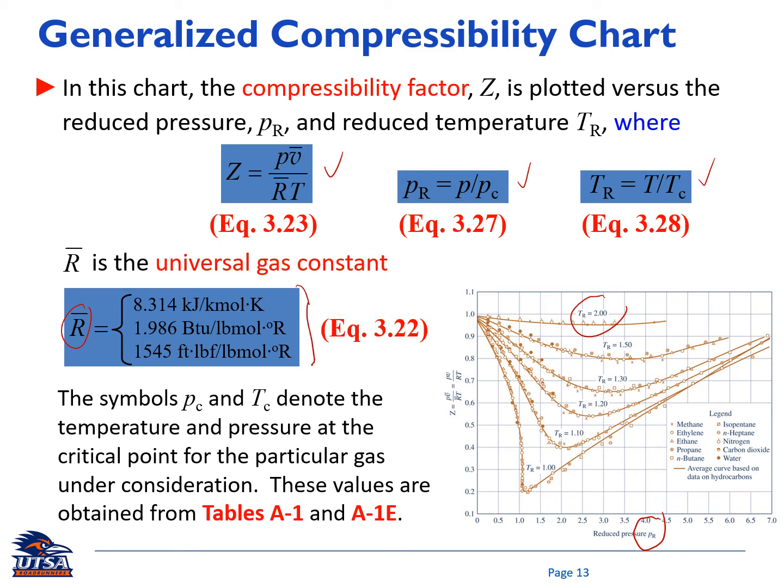But what is different from the previous one is that here I have PC and TC. And I believe I showed you in the previous class meeting that we can get this PC and TC from table A1, or table A1E for the British unit.